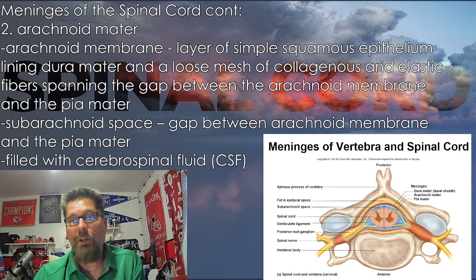Hence the reference to spiders with the arachnoid prefix. So the thing to think is, it's the second layer, and it contains the cerebrospinal fluid, which is super important in nourishing and supplying resources for the spinal cord and the brain.